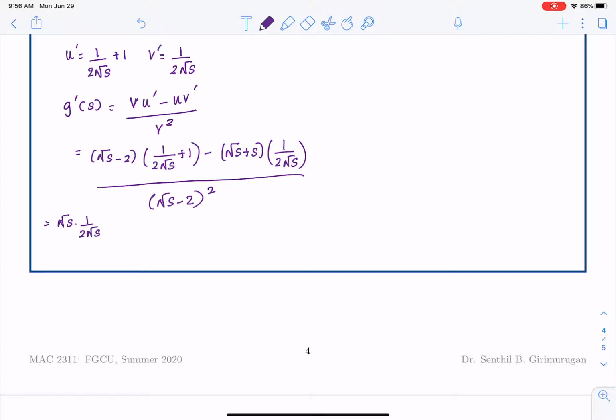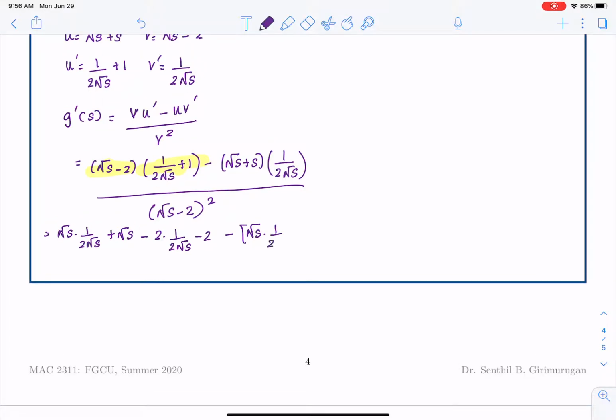I'm foiling the first two terms here, that term and that term, plus square root of s minus 2 times 1 over 2 square root of s minus 2, minus square root of s times 1 over 2 square root of s, plus s times 1 over 2 square root of s. Divided by square root of s minus 2, squared.